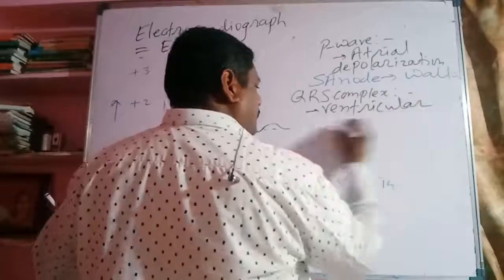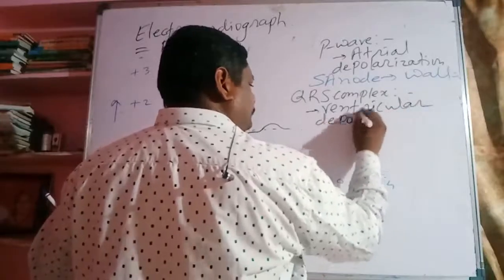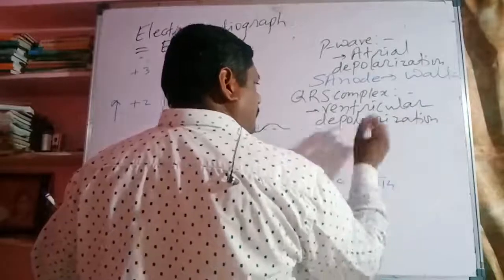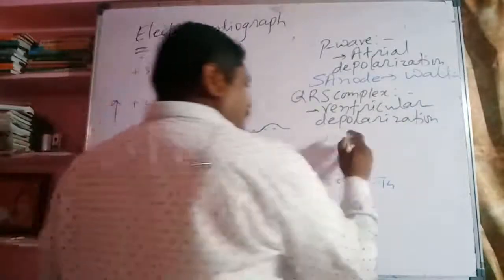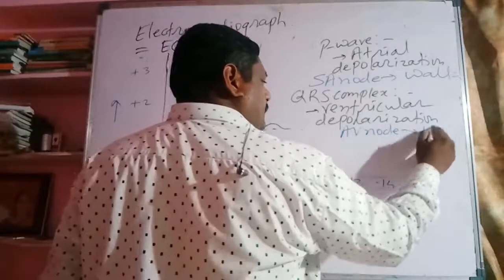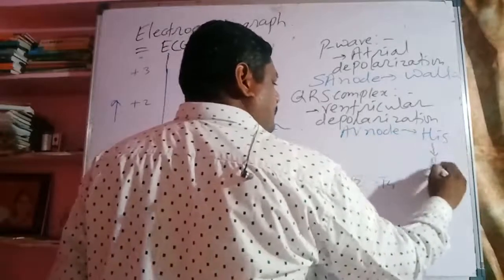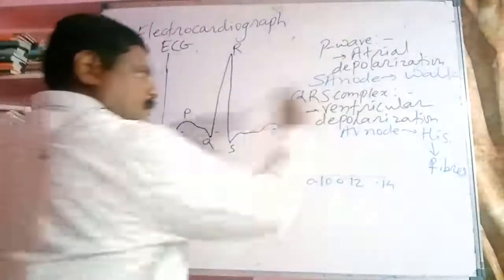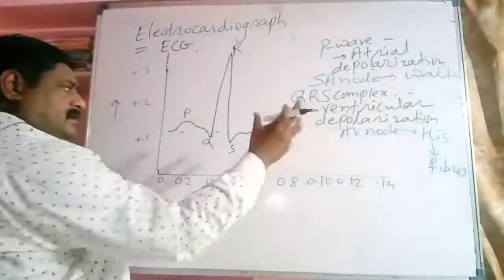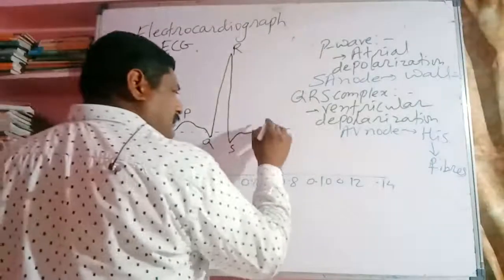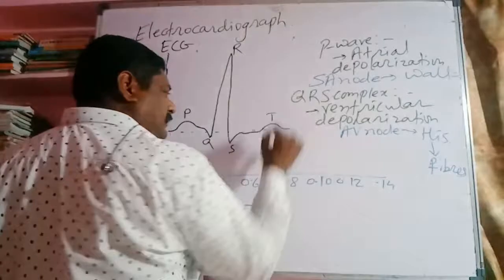That is spreading of impulse from the AV node, auriculoventricular node, to the bundle of His, to the Purkinje fibers on the wall of the ventricle. Ventricular systole, ventricular contraction.